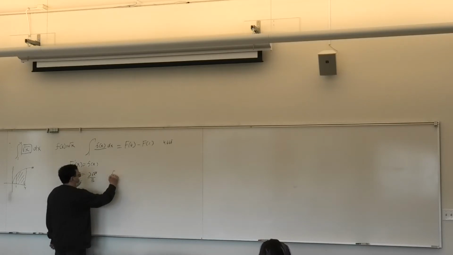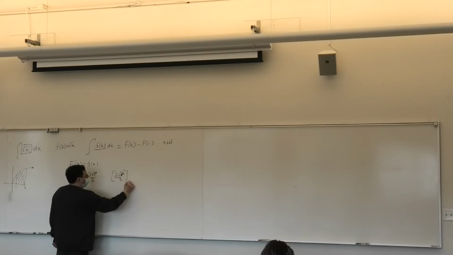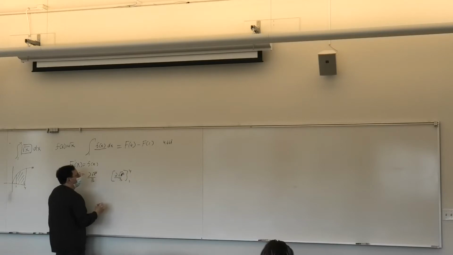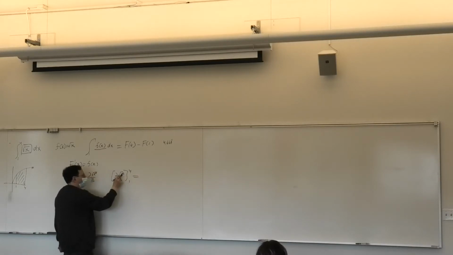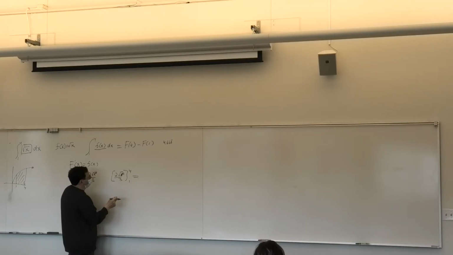So, 2 square root of x cubed over 3 from 1 to 4. Okay, and what is this? X cubed, that's 64.